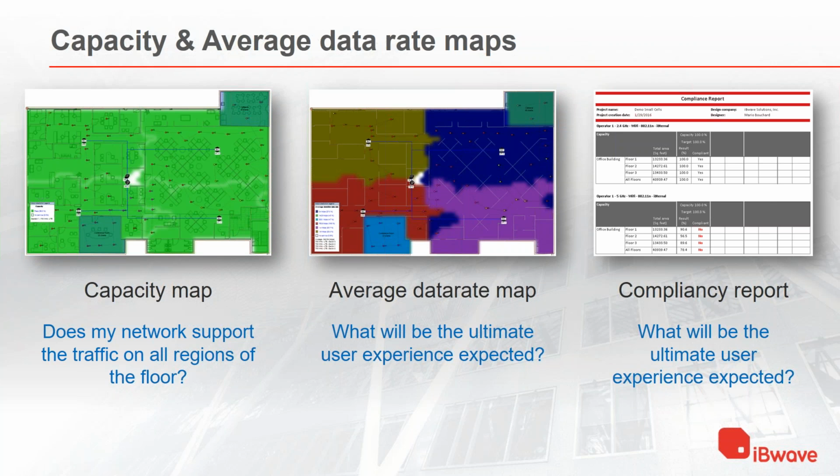So we've added capacity as part of the same report. In one view, per technology, you can see the results per floor, whether it's passing or not. So in one report, you can make sure that everything is fine when it comes to all the network KPIs that you want to follow.